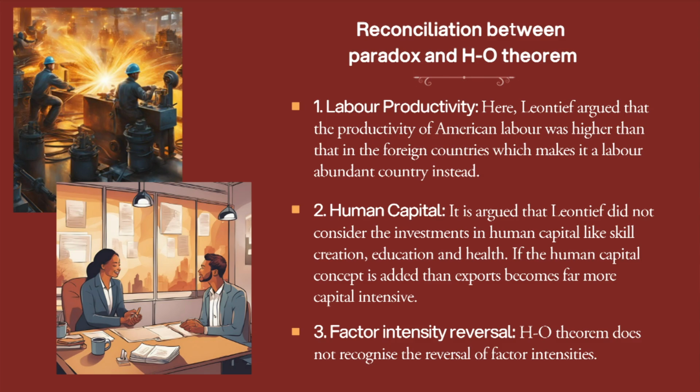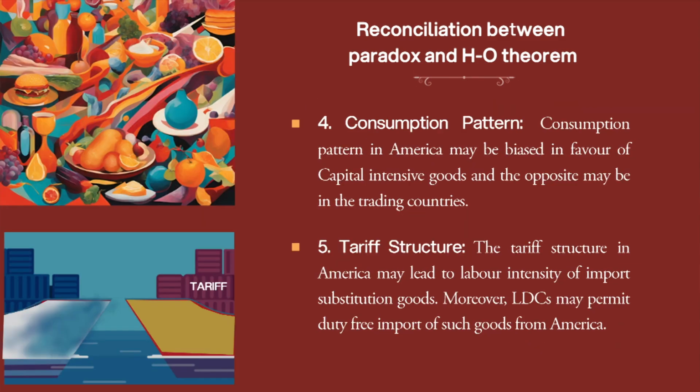And further going forward, another argument is given that the consumption pattern in America may be biased in favor of capital intensive goods, and the opposite may be in the trading countries. Another argument is that the tariff structure in America may lead to labor intensity of import substitution goods.